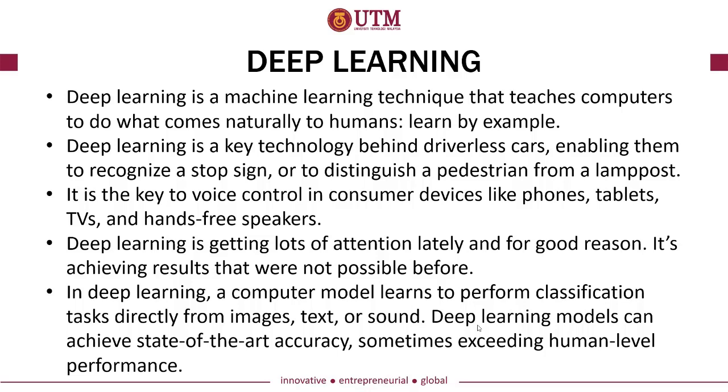Because of deep learning, we can have a driverless car. To make a driverless car, you need an artificial driver. So when we talk about the artificial driver, what attributes does it need to have?